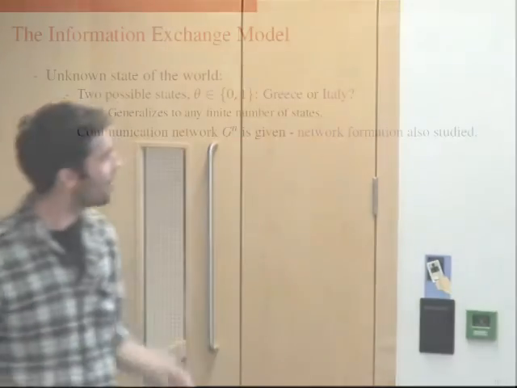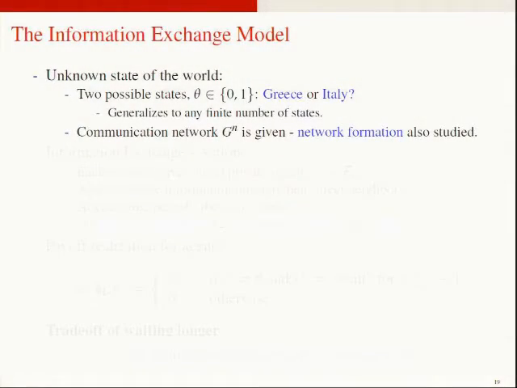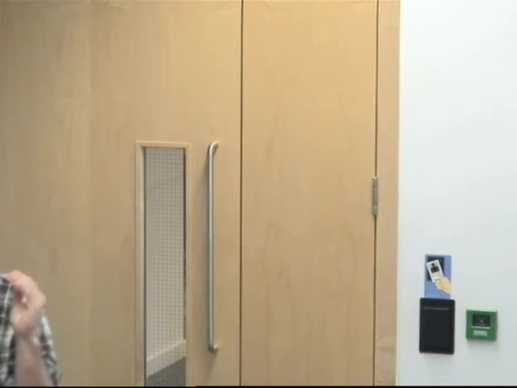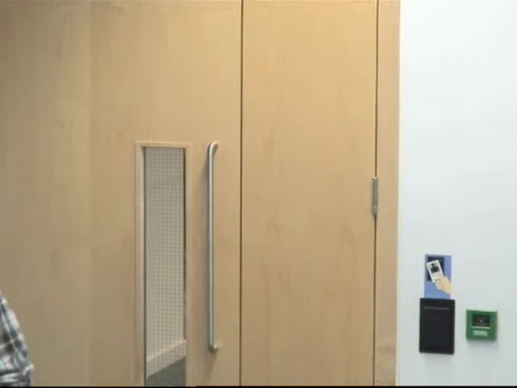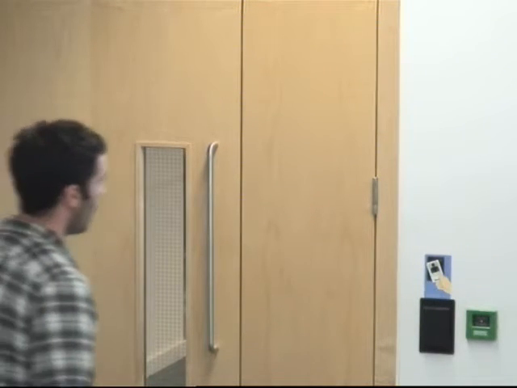Individuals are considered to be rational. They have a utility function, and they take actions to maximize this utility. Okay. All right. So here is our model in more detail. There are 2 states of the world. Okay. Whether Greece or Italy is a better vacation spot. And there is a fixed and given communication network.